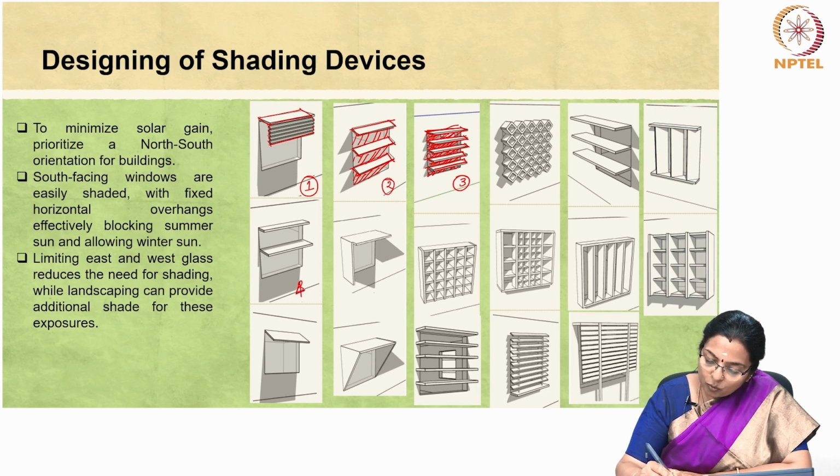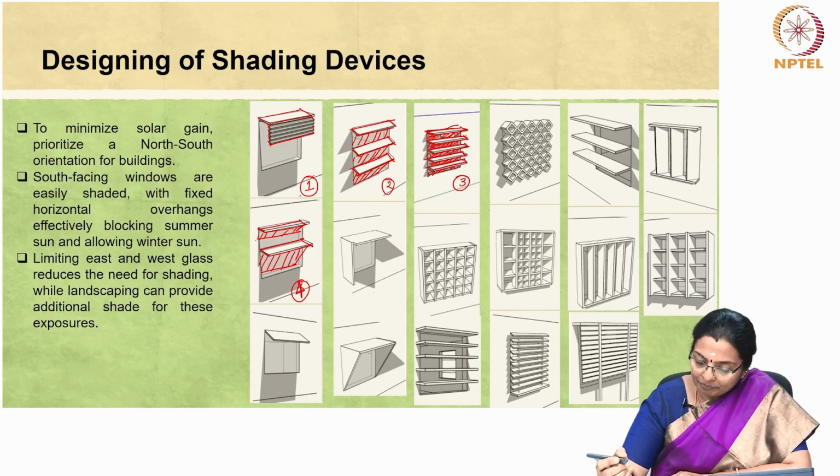This one is 4. So, the fourth slide shows one small sunshade and one longer sunshade. So, this controls to some extent the amount of solar radiation falling on the glass as well as the daylighting.